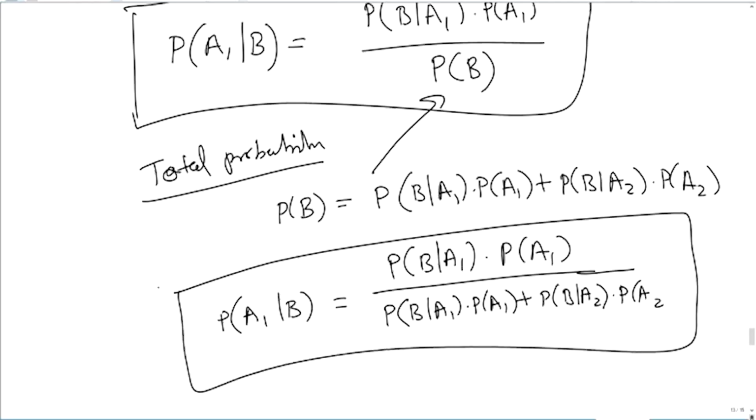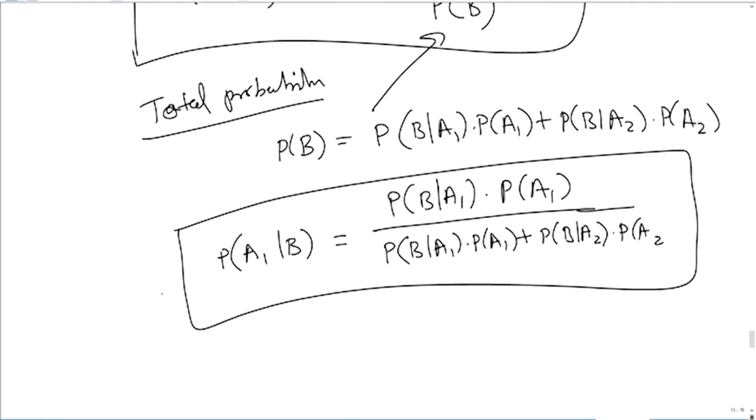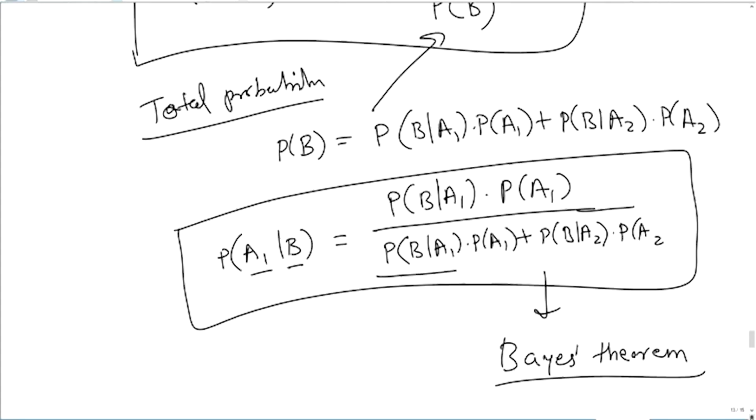This theorem or this result is called the Bayes theorem. What it says is that the probability of an event A1 given B is given by probability of B given A1 into probability of A1 divided by adding this same term across all mutually exclusive and exhaustive events.